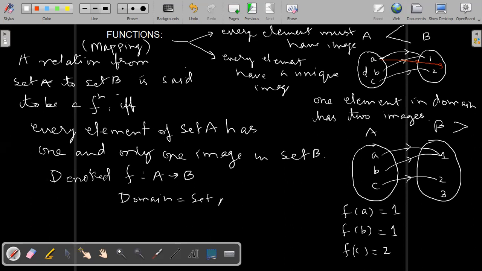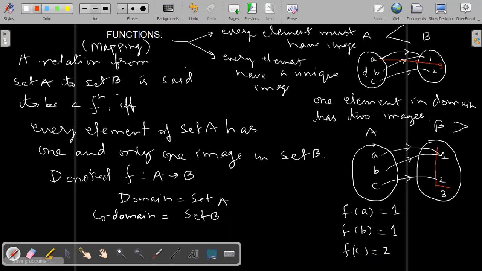And set B is always the codomain. But codomain can be equal to range and can be not equal to range. If it is equal to range, then we will see onto or into function also. We will check there the kinds of functions that we will study next. So the codomain is set B. But here you can see this is the range. What is the range? Range is the set 1 and 2.